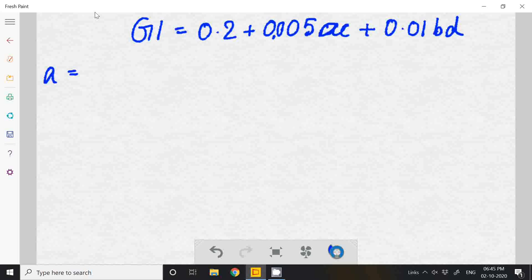So that 50% will be taken into consideration as the percentage passing through 75 micron.